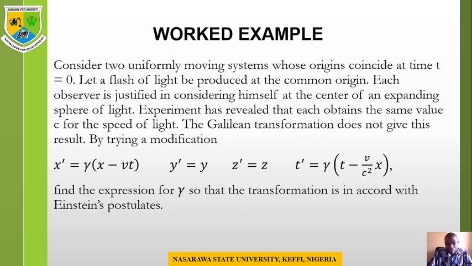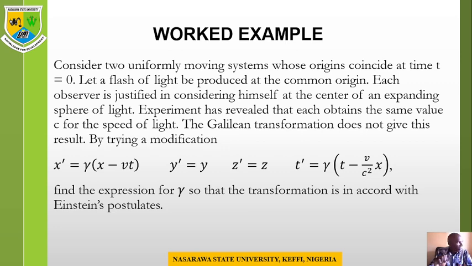Experiment has revealed that each of them obtains the same value c for the speed of light. The Galilean transformation does not give this result. So by trying a modification, x prime equals gamma times (x minus vt), from the Lorentz transformation as we have discussed before, find the expression for gamma so that the transformation is in accord with Einstein's postulate.